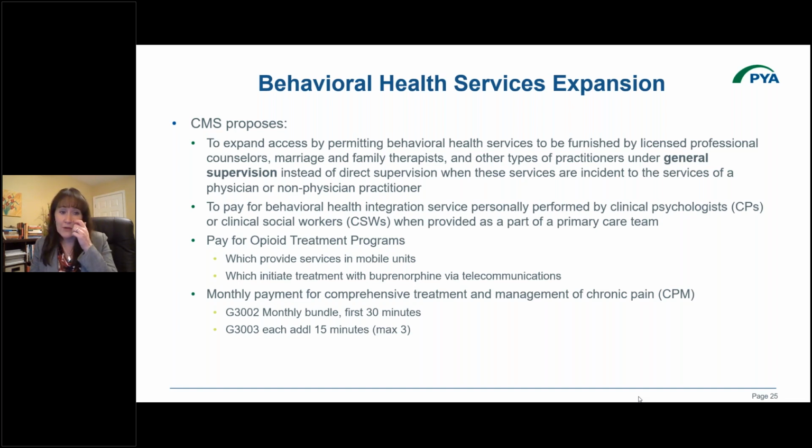But this is definitely a recognition of the services that are provided outside of your normal E&M service or other management services during the month.